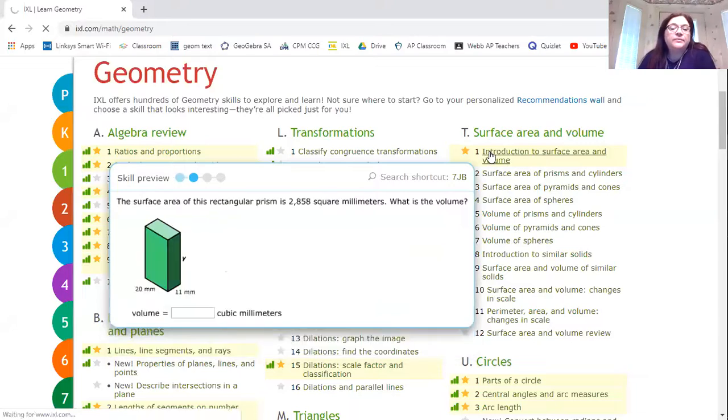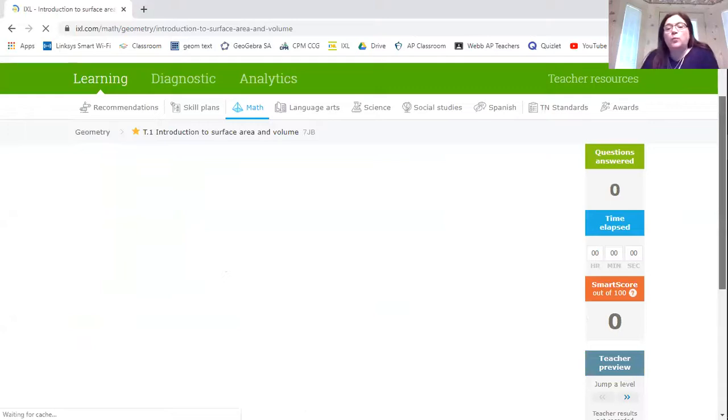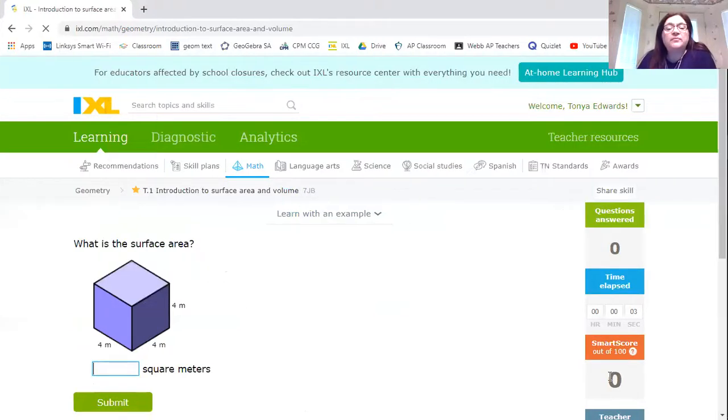We're going to be doing in the Geometry tab, Surface Area and Volume T1, Introduction to Surface Area and Volume. And the unique thing this time about doing IXL is that I only need you to get to score 60. When you get past score 60, you're going to see some variables, X's and Y's, in the heights, excuse me, and widths of your figures.